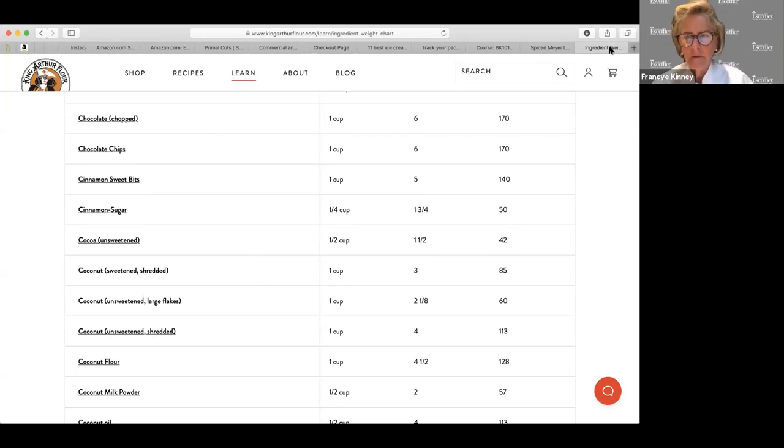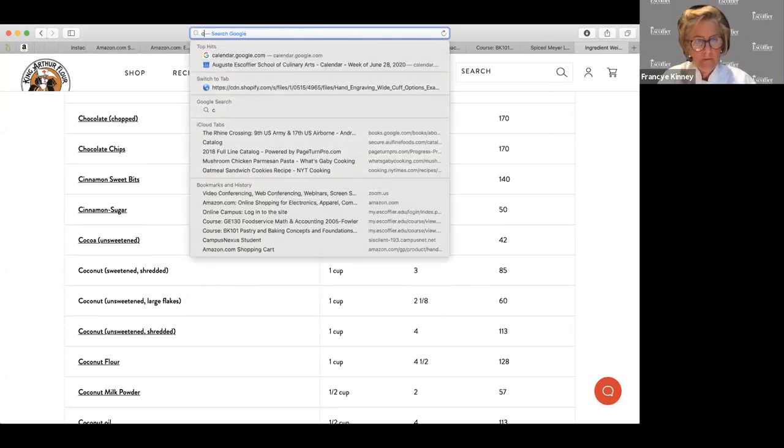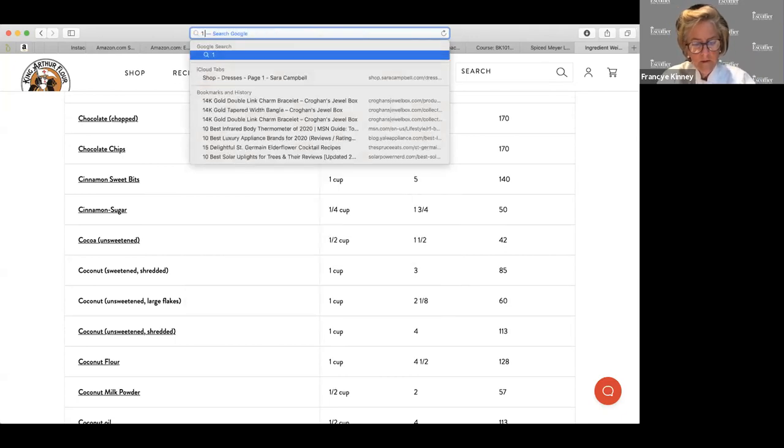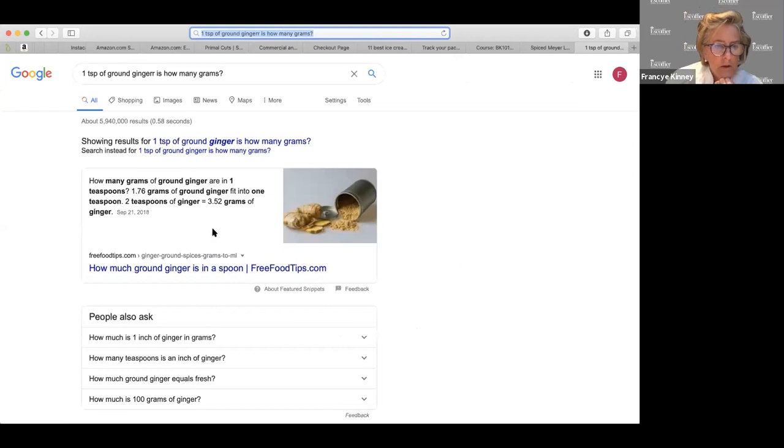Isn't that interesting? Okay, so they're saying, and I'm really not sure, but let's just go with this for the time being, 1.76 grams is a teaspoon of ginger.